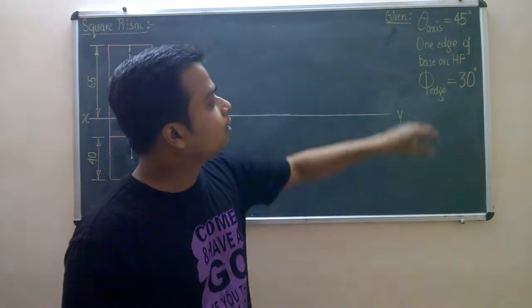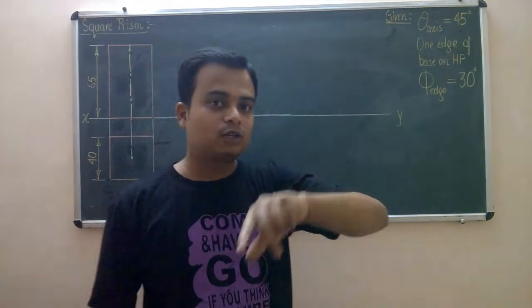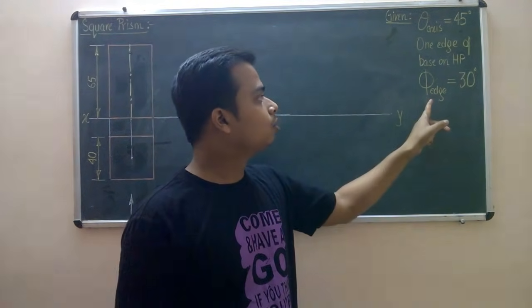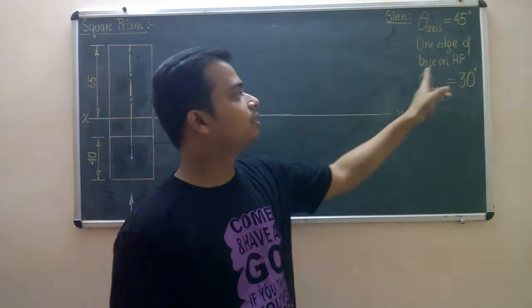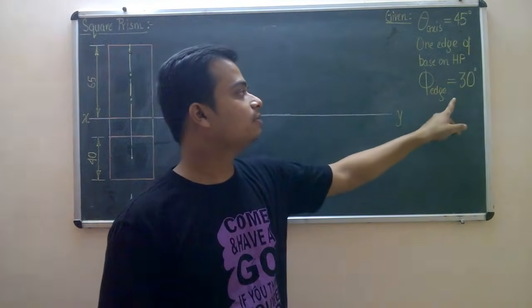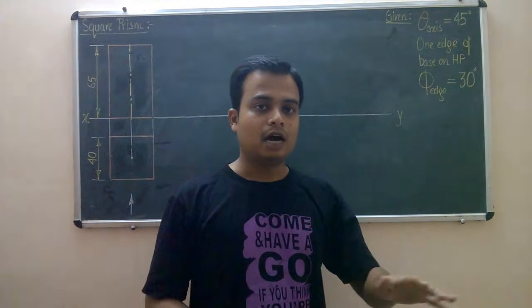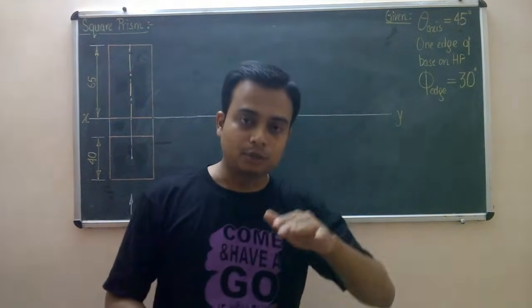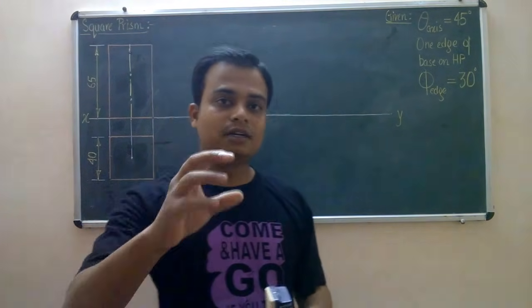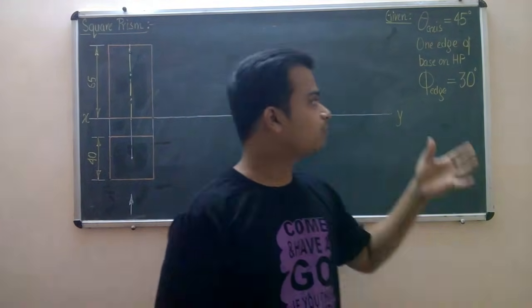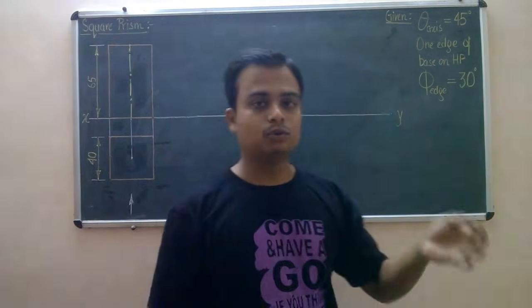Third point is the edge which is grounded also makes an angle of 30 degrees with the vertical plane. So phi edge has been given as 30 degrees. Apart from remaining grounded, the edge also makes a certain angle with the vertical plane, denoted by phi edge, which is equal to 30 degrees.